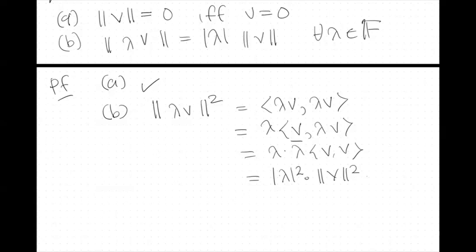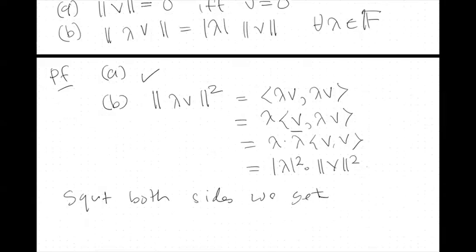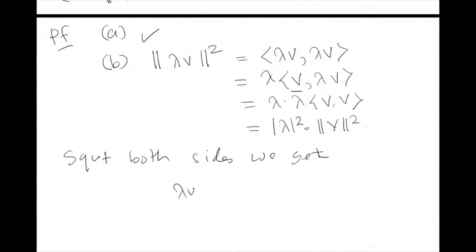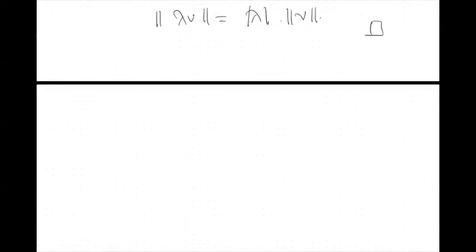Then if you take square roots of both sides, we get that the norm of lambda v is just the absolute value of lambda times the norm of v. So that's it.